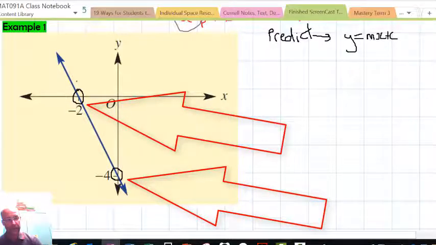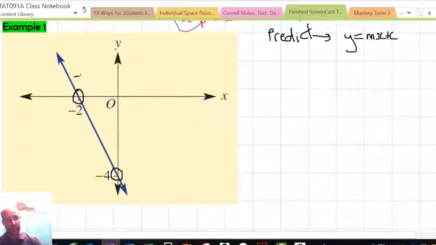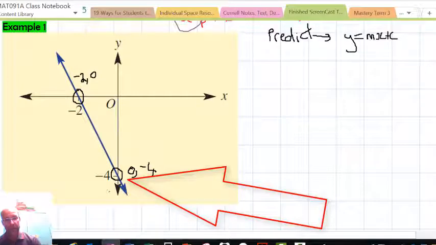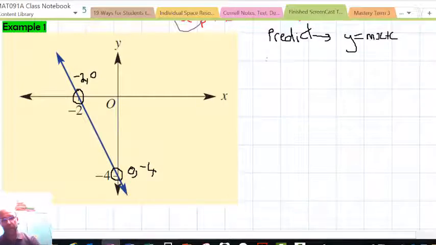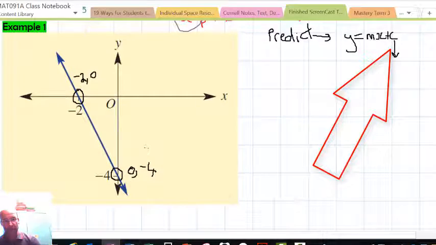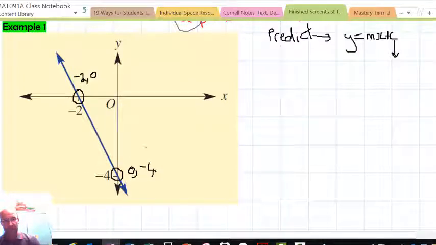So that one's an x-intercept, and it would be the point -2, 0. This one down lower is the point 0, -4. So we have two points. What do we do with those? Well, a couple of things. We know that that one's the y-intercept there, and we know the y-intercept, you can see, is at the point 0, -4.